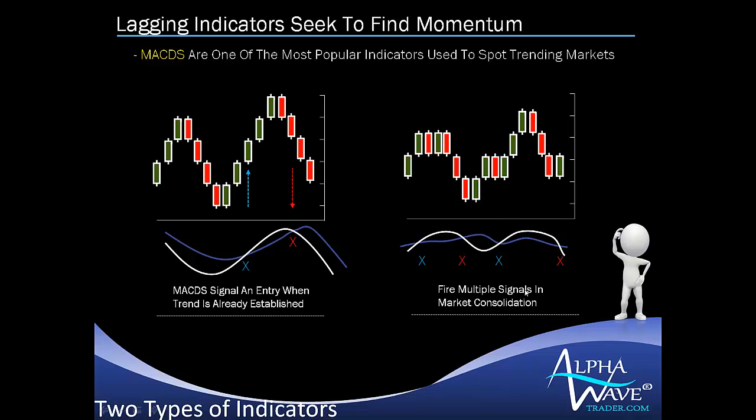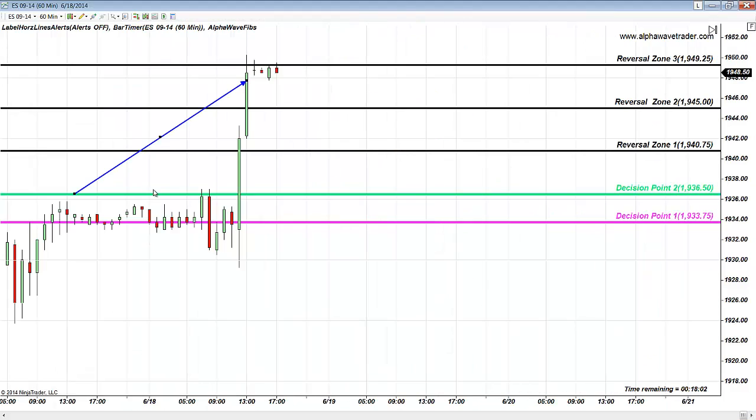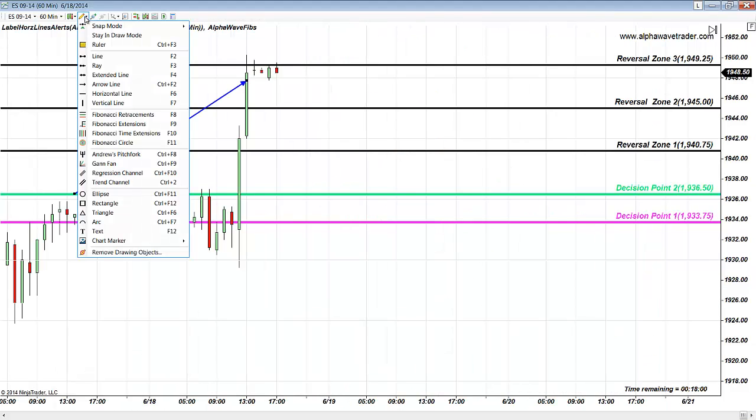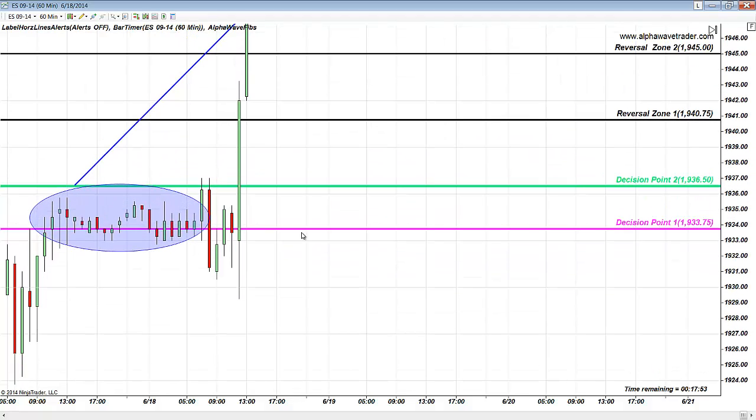And this is where it becomes an issue when the market goes into correction, which is exactly what S&P had done yesterday after it came to this level. This is a danger, and this is where knowledge of the price is the key. This is what price does 40% of the time.